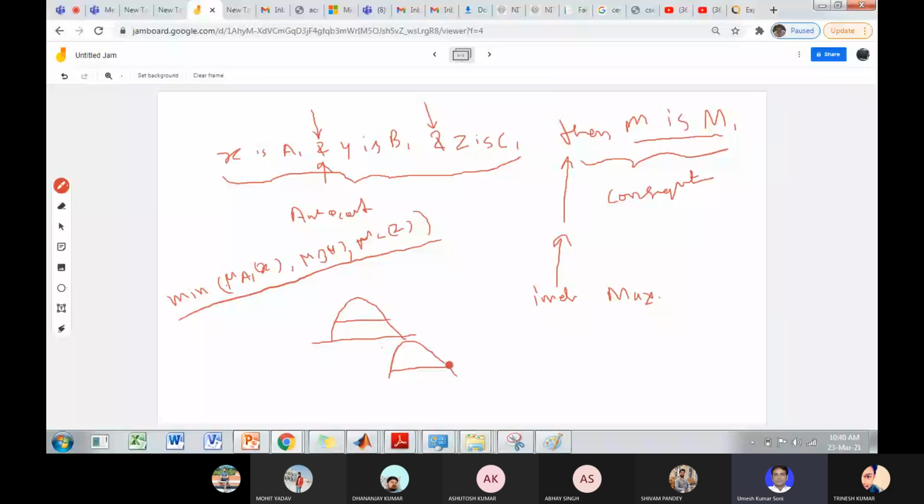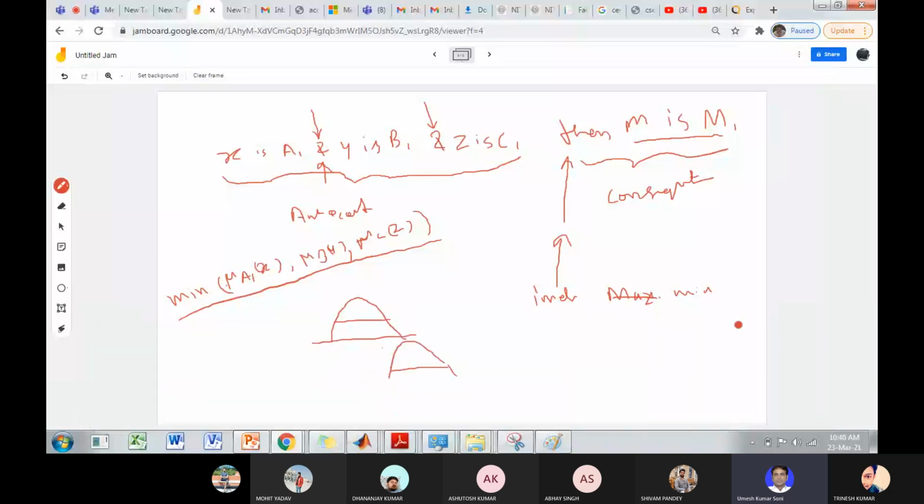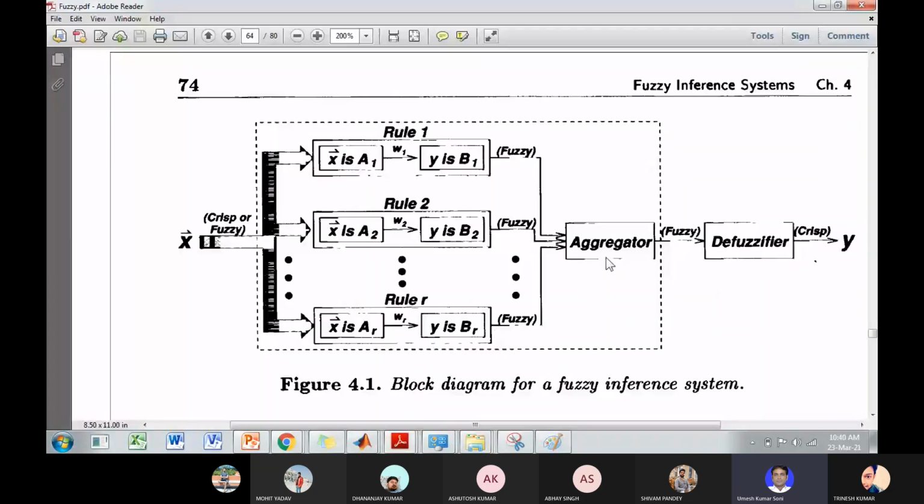If you have the minimum implication rule, in that case you will select only the minimum membership grade from this, so that area will be defined. Okay, so that is done for the operators inside the antecedent part and the implication rule. Based on the implication, you take the output value.